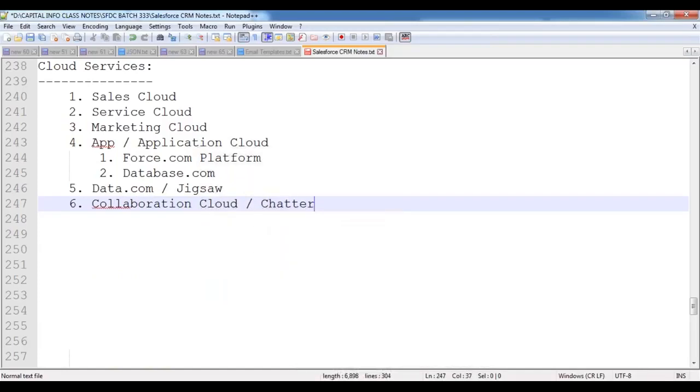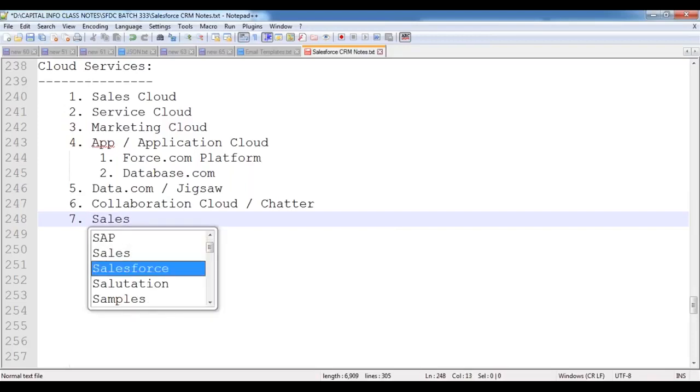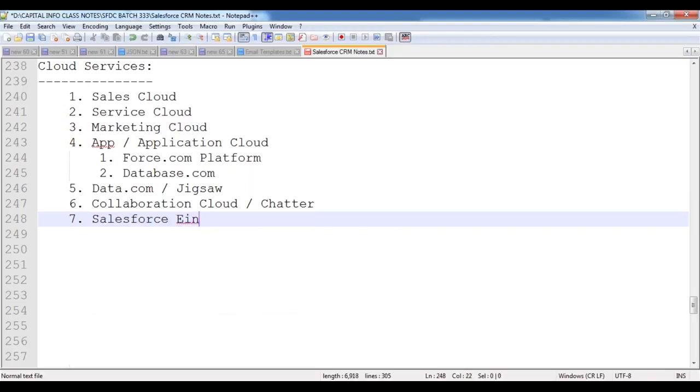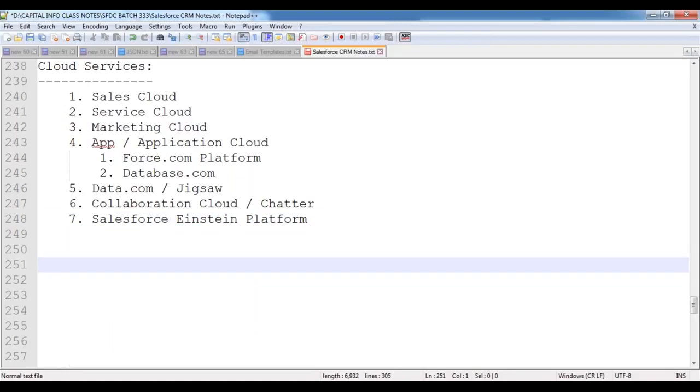This is also called Chatter. And the seventh one, Salesforce Einstein platform. These are the various cloud services offered by Salesforce.